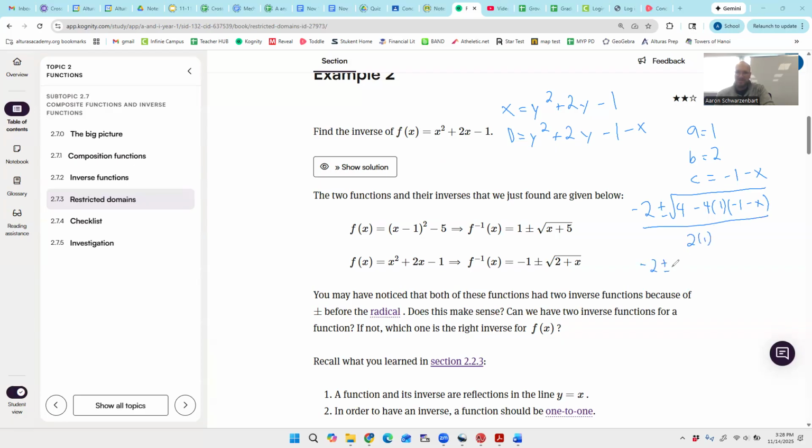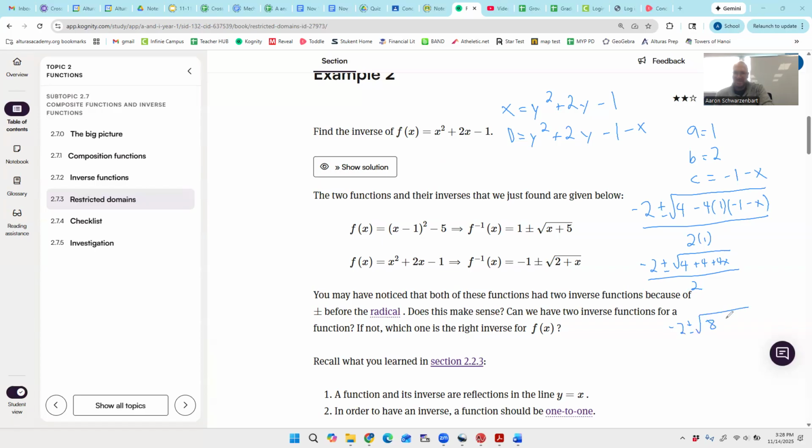So I get -2 plus or minus the square root of 4 plus 4 plus 4x over 2.